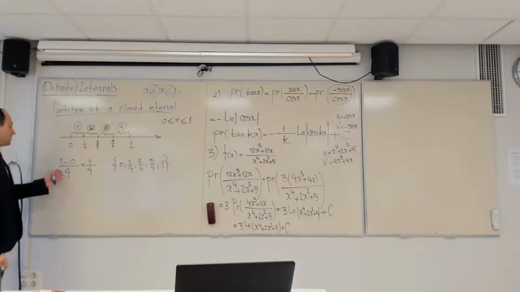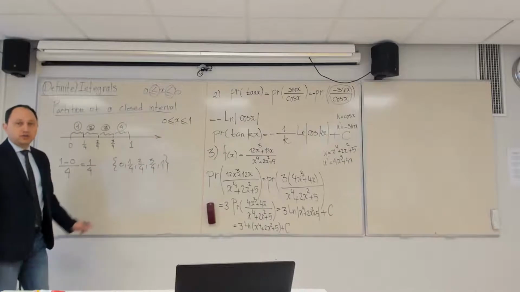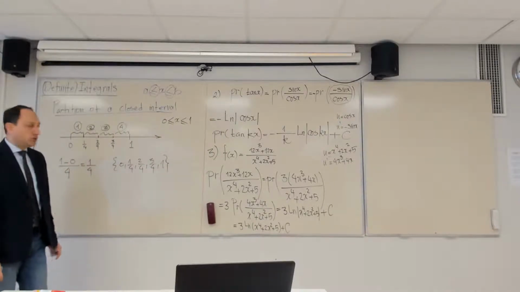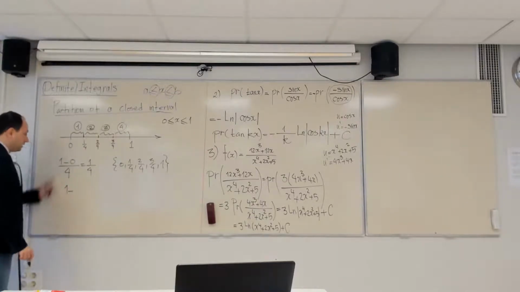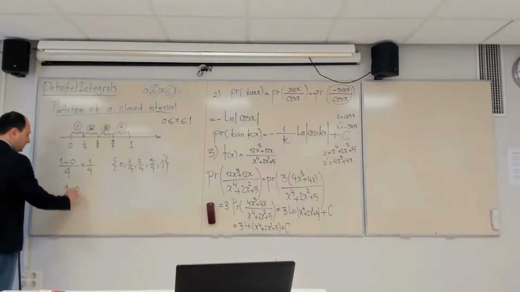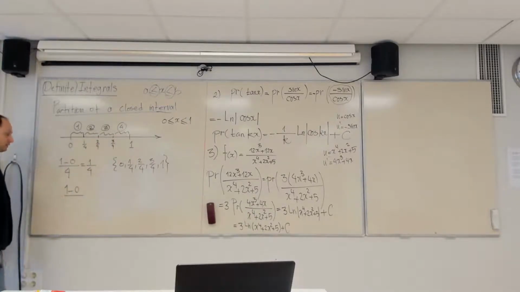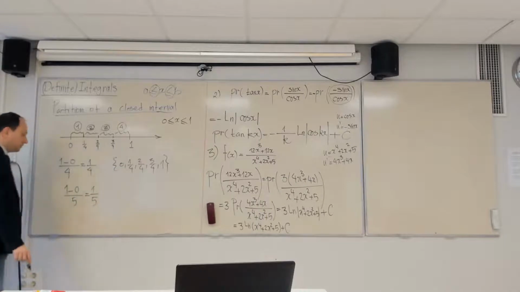So I can ask you, for example, take the same interval and now partition it into 5 subintervals. You don't need to be worried. You need to calculate the length of the interval, which is still the difference between these two numbers, but this time you divide it by 5. So you get 1/5.